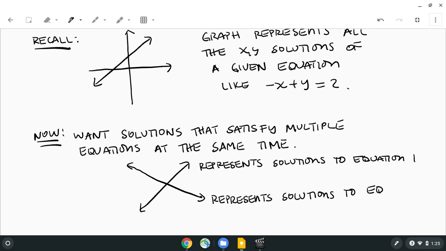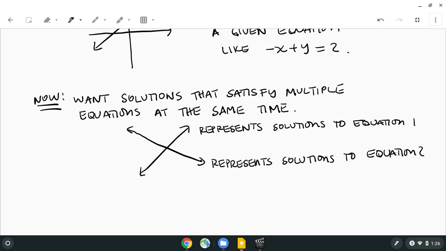And so what happens is we're trying to find the x and y that satisfies both of them. All of these satisfy equation 2, all of these satisfy equation 1, but only this xy coordinate right here where they intersect is the only solution that satisfies both. It's the only xy that they share, the only xy that is a solution to both equations.